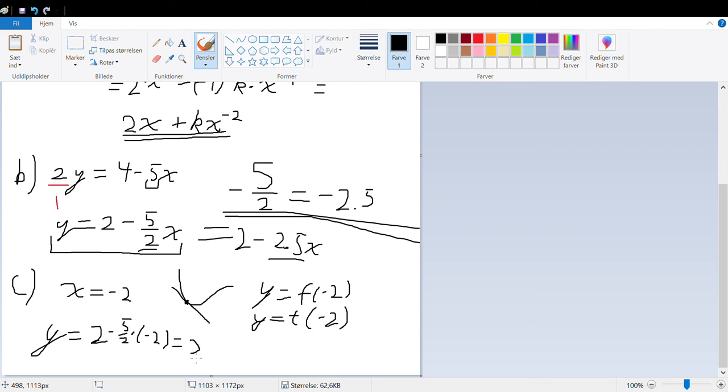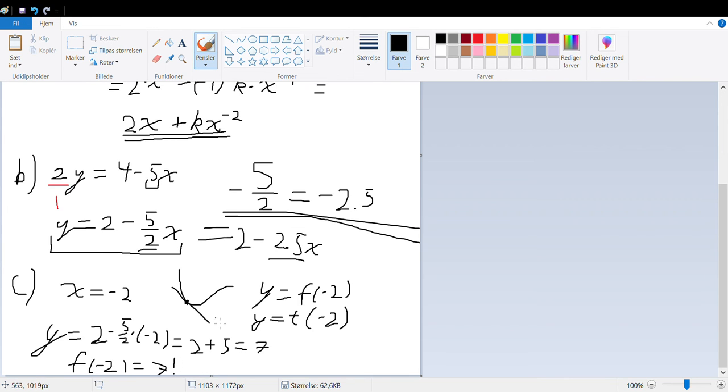So we get 2 plus 5. We get 7. Cool. So if we've got 7 now for y and an x equals minus 2, that means that f of minus 2 must give 7.